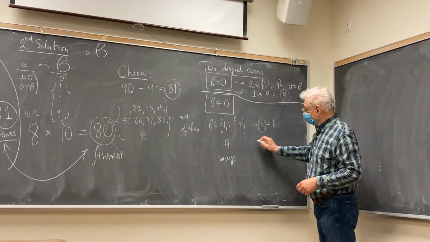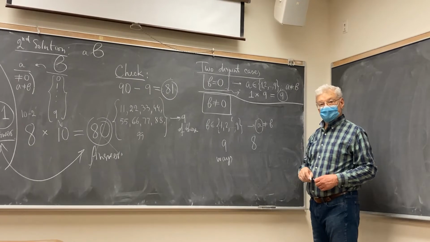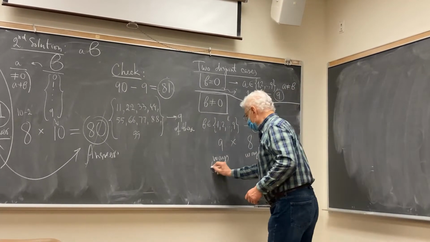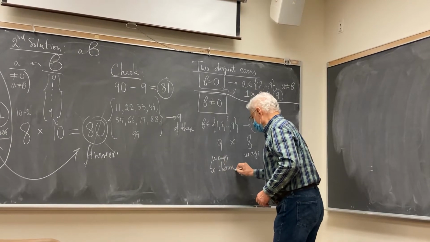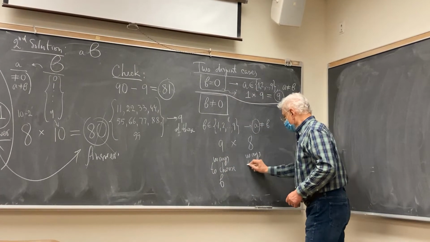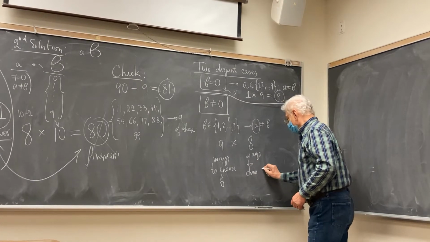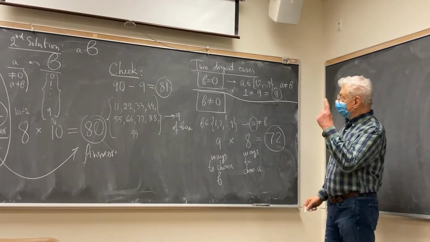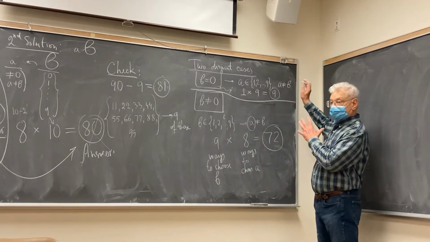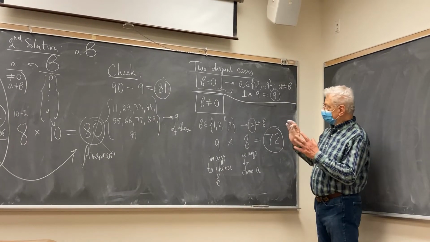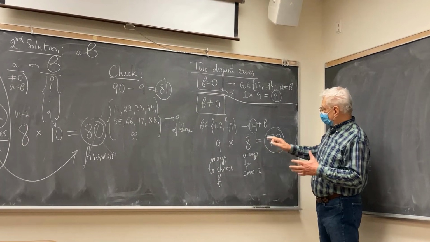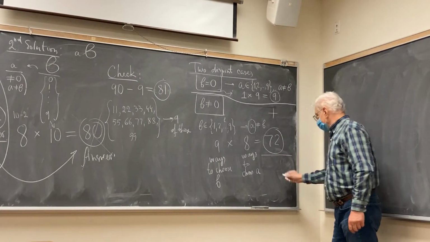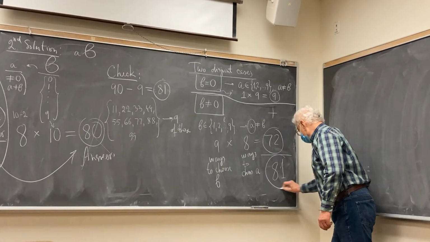And out of 9, I have only 8. So therefore you have a total now of 9 ways to choose B and 8 ways to choose A. Total we have 72. So if B equals 0, I have separately 9 possibilities. If B is not 0, then I have 72 possibilities. Now add them up, and you get 72 plus 9, which is the same answer, 81.